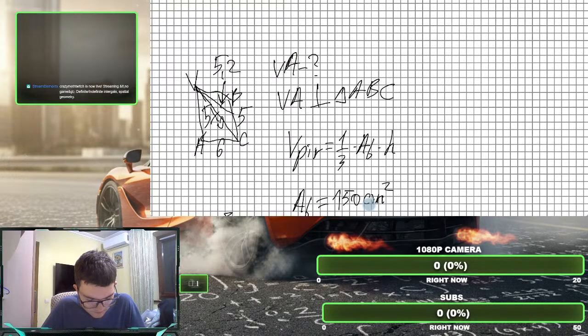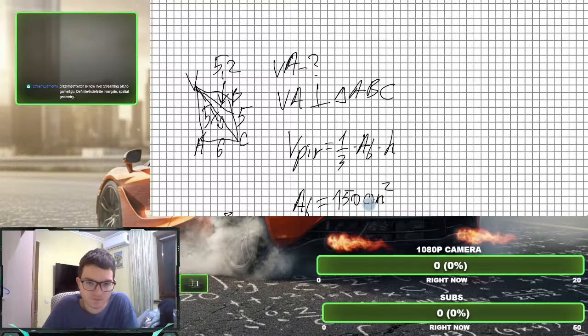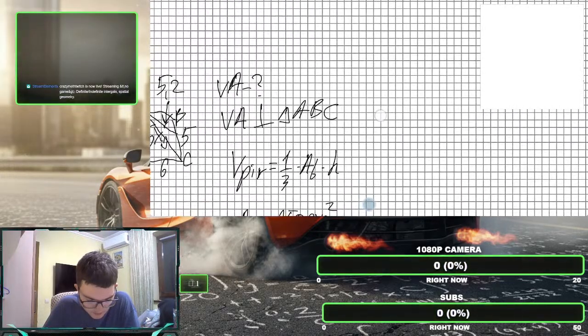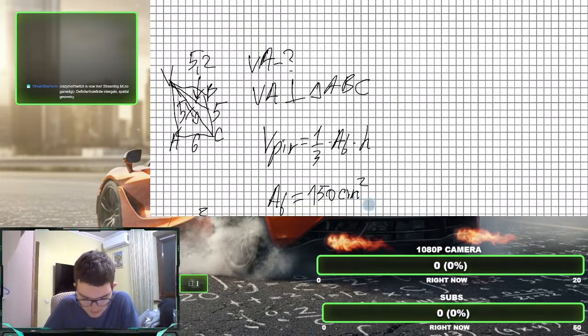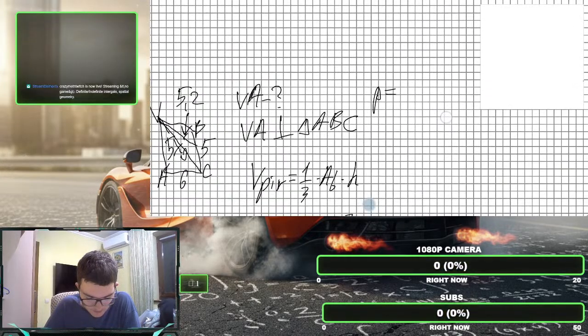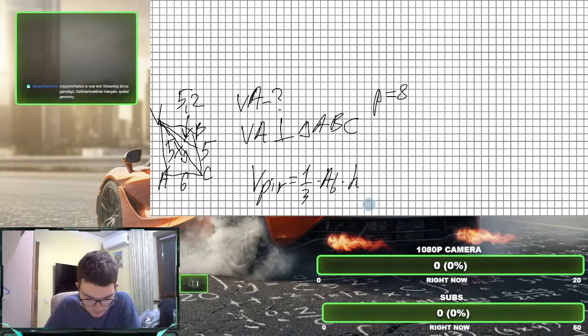So that formula might be pretty useful to me, so I'm going to use it now. So essentially, first I find the semi-perimeter of the base using the formula. So the semi-perimeter will be 16 divided by 2, so it's 8.